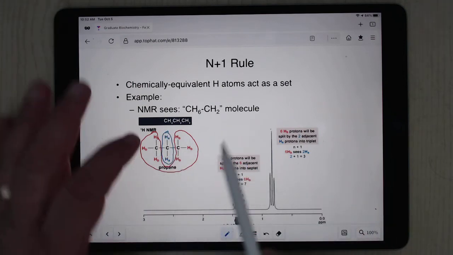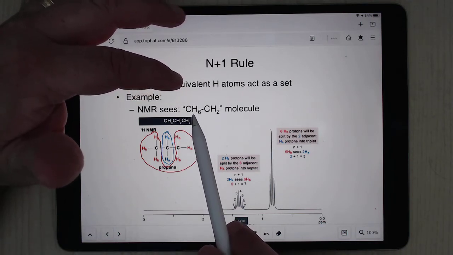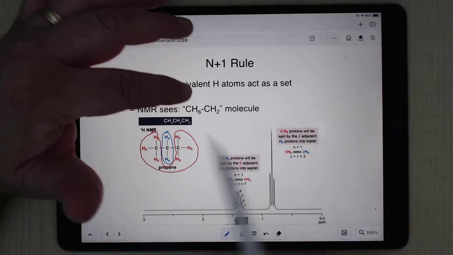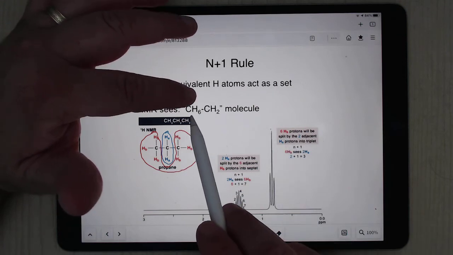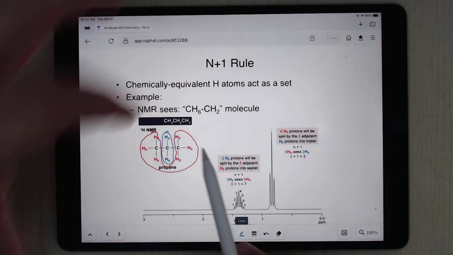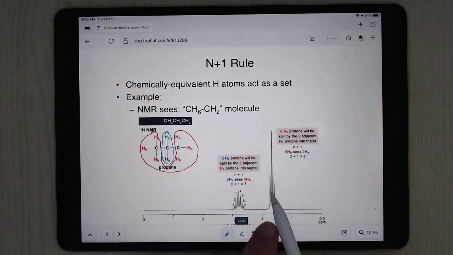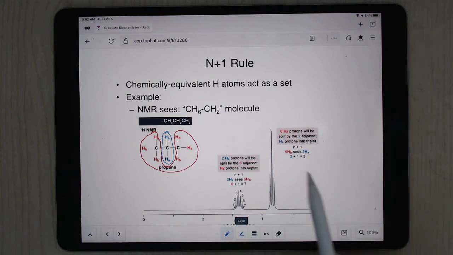The red ones are essentially acting like CH6, so it's going to integrate to 6 hydrogens, but looking at the neighbor would be the ones in blue here, and so it would be n+1, right? So it would be a triplet.